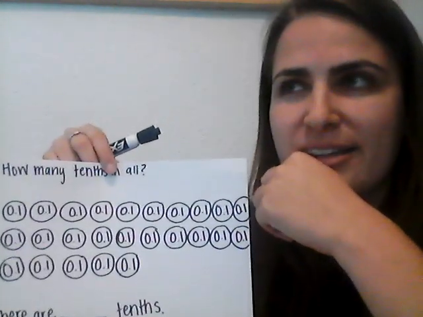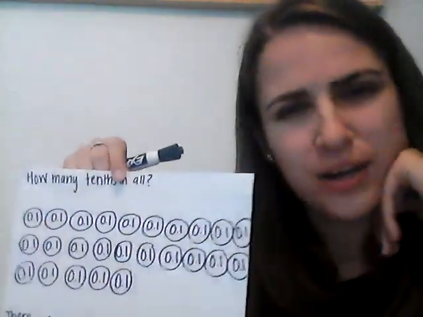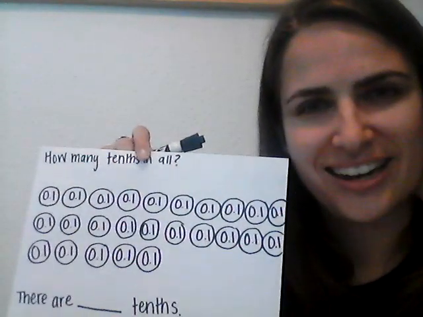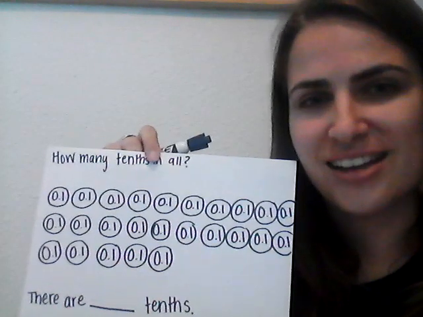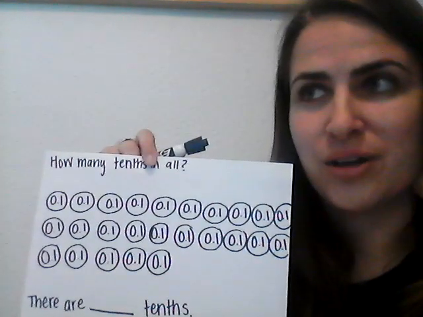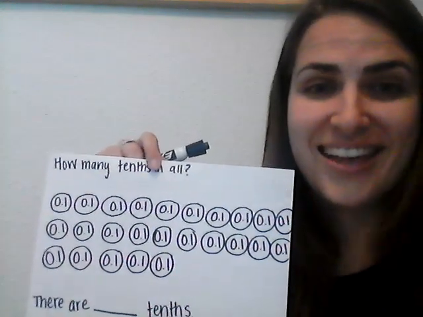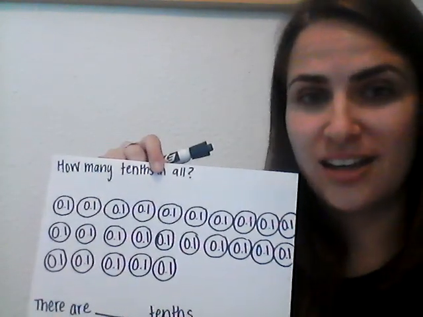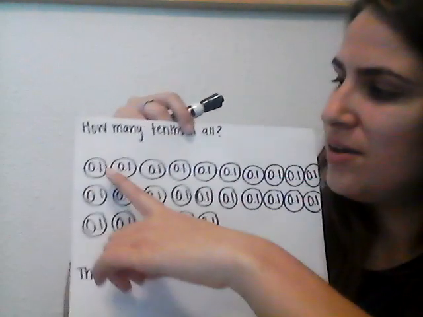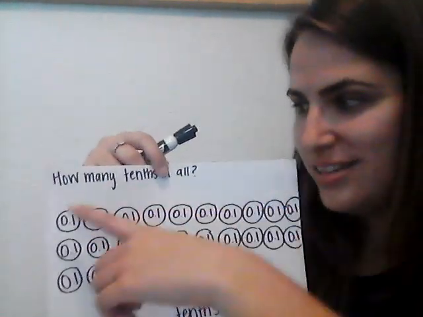Okay, 10 tenths. What number is equivalent to 10 tenths? You could also think of it as, if we're working with the unit tens. If you have 10 tens, it gives us 100. What do you think 10 tenths would give us?